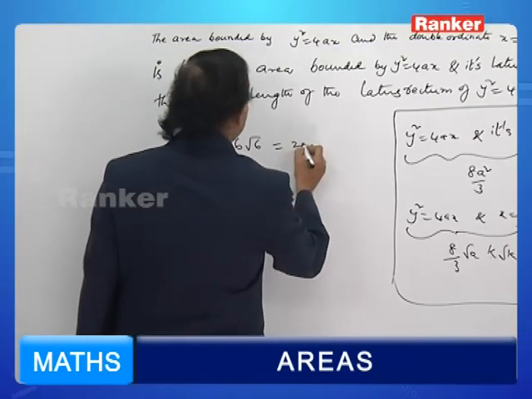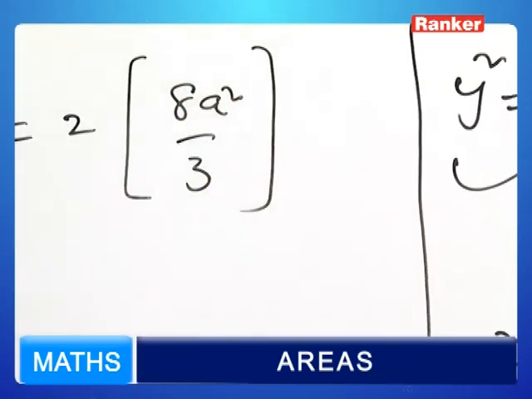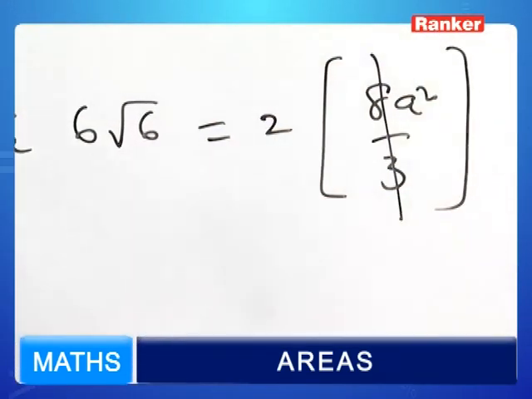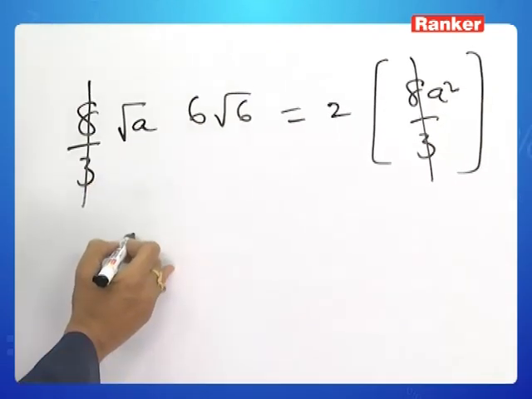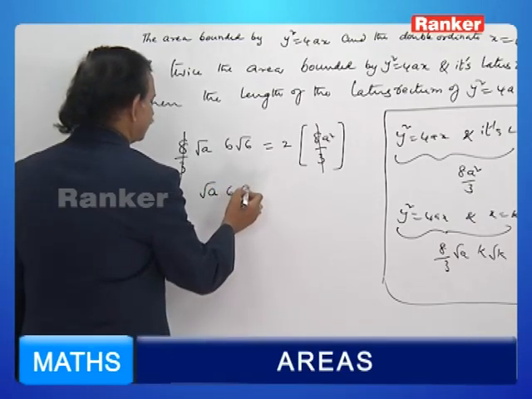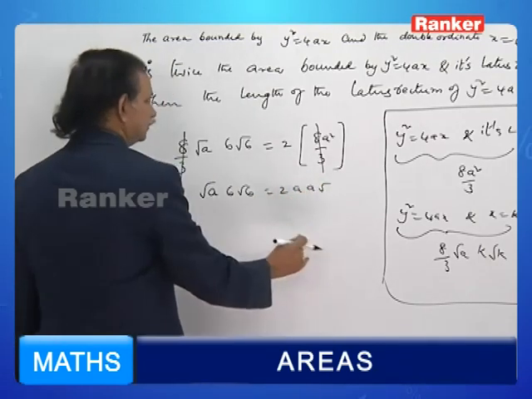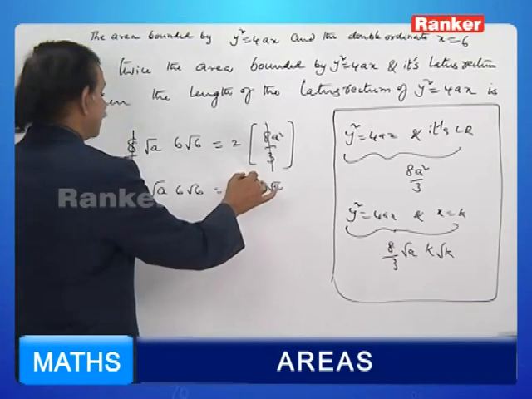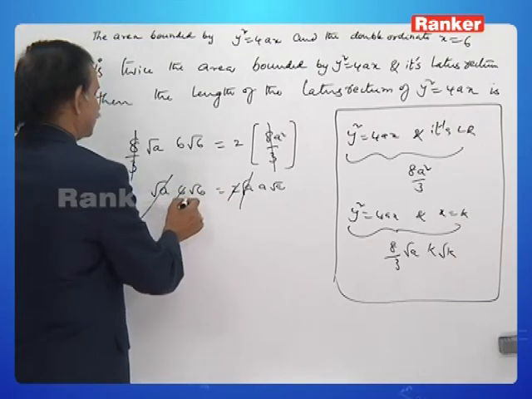It is twice the area, 2 into 8a square by 3. 8 by 3 into root a into 6 root 6, equals 2 into 8a square by 3, so 2a into a root a, 2 root a into a root a, root a, root a, 2, 3.